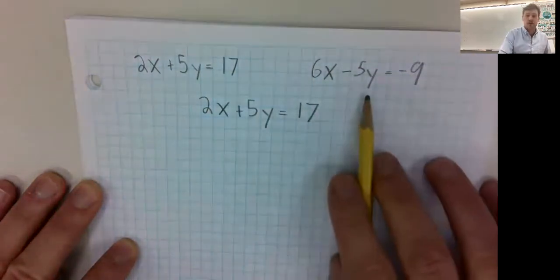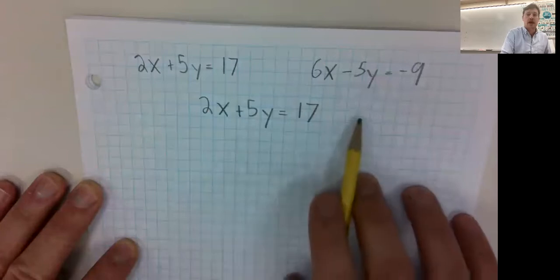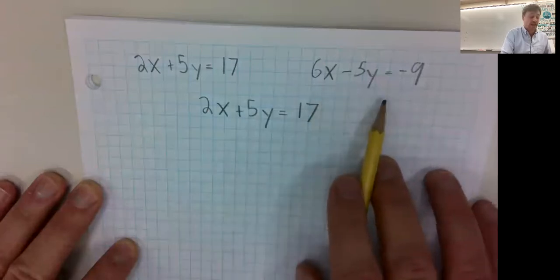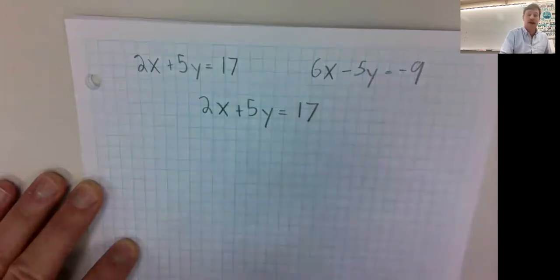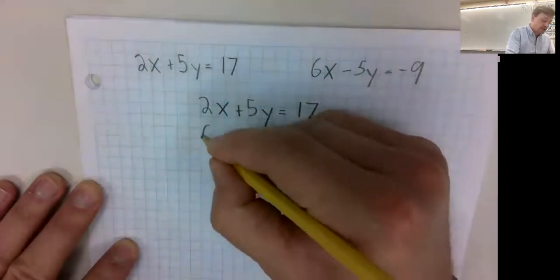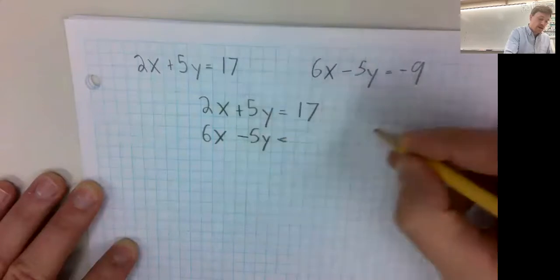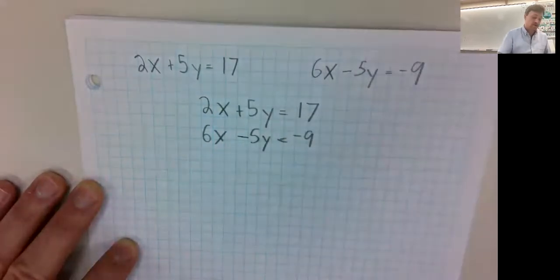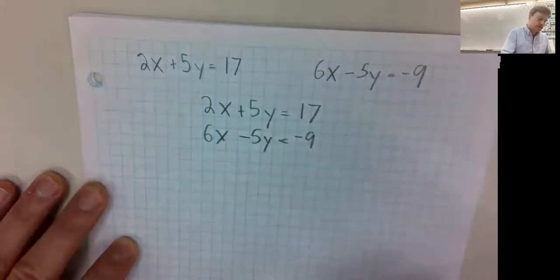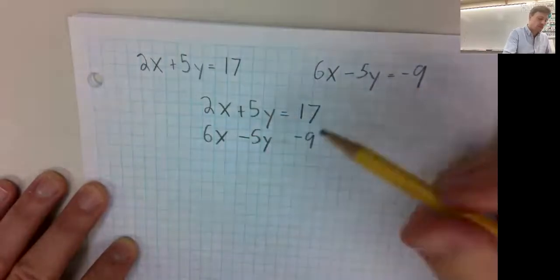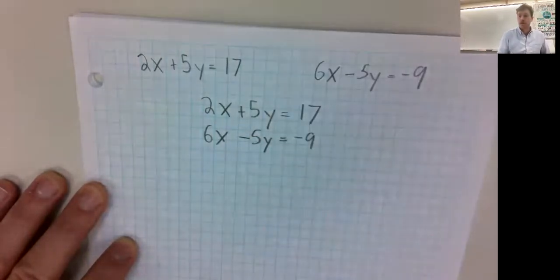And I'm going to take my second equation and stack it right underneath it. My variables are already in the same order, so you can see how they stack up nicely. 6x minus 5y equals -9. Okay, so number one, done.